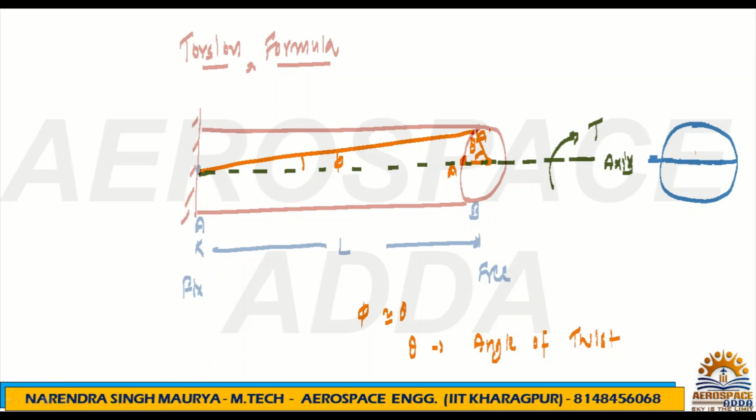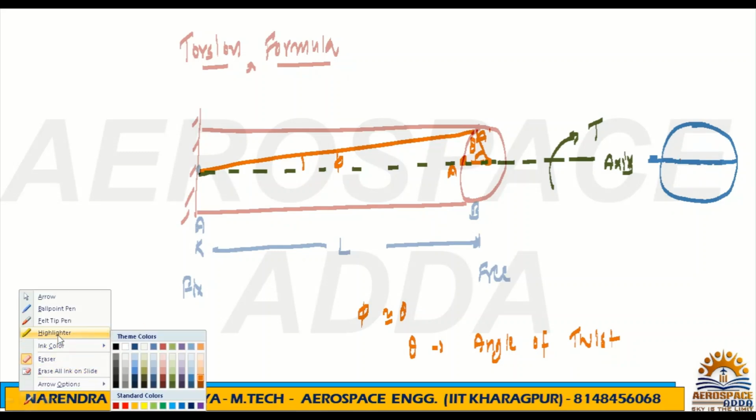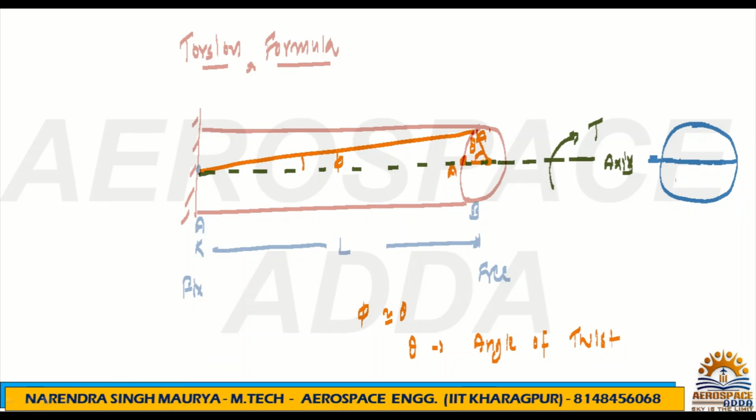I can draw one radial element. If you see the derivation, I have taken this radial element of thickness dr, and the radius from the center was small r.